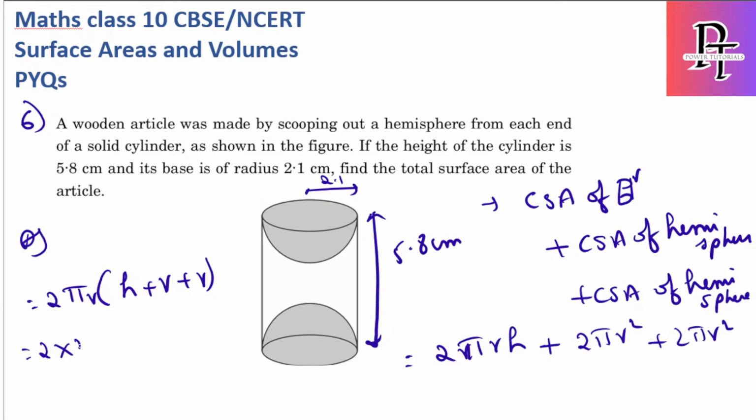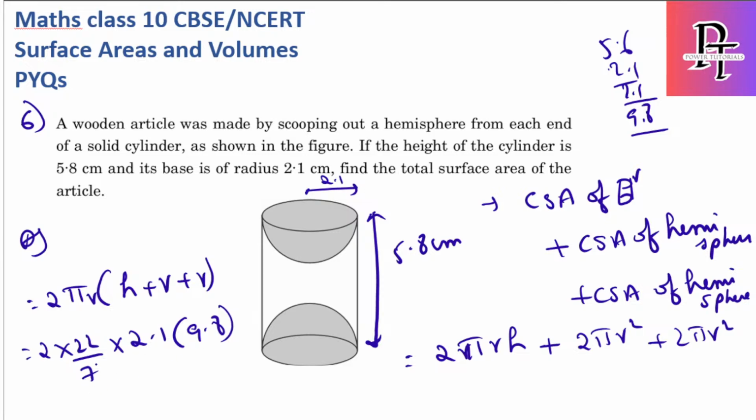Pi we write as 22 by 7, into r, which is 2.1, into height 5.6 plus 2.1 plus 2.1. 5.6 plus 2.1 plus 2.1 becomes 9.8.